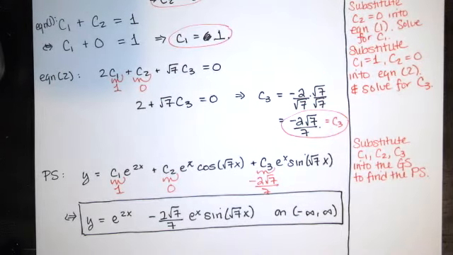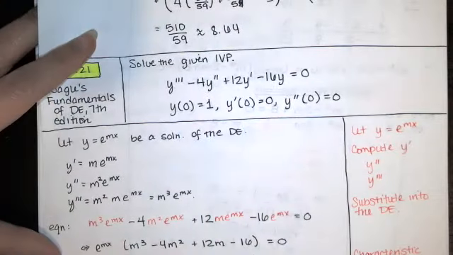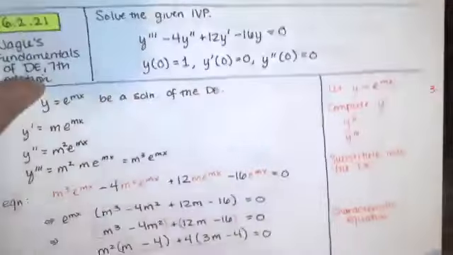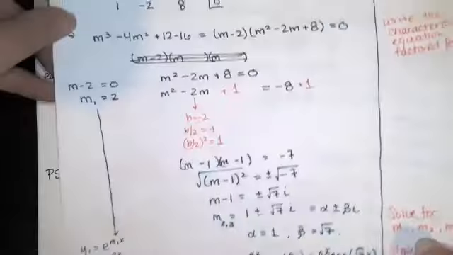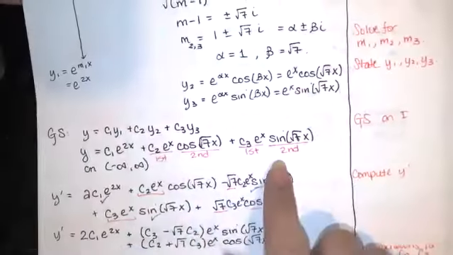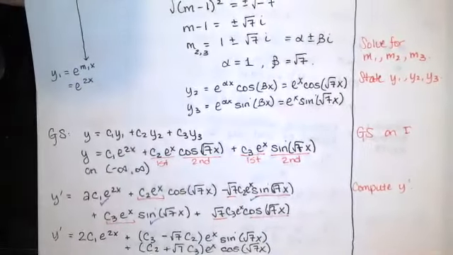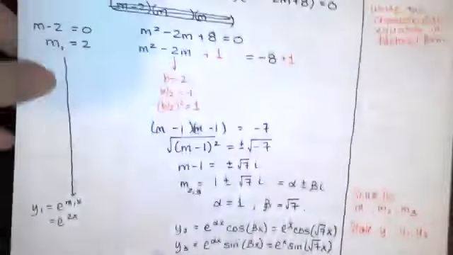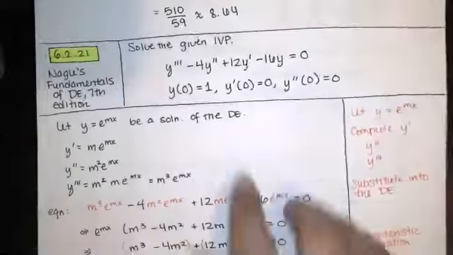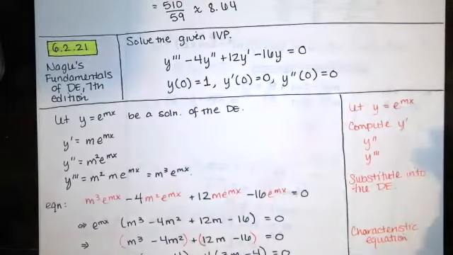Okay, so that is our example of solving an IVP. First, you find the general solution by letting y equal e to the mx. You substitute, you factor, use possible rational roots if necessary, and then you get your general solution, c1y1 plus c2y2 plus c3y3. And then in order to use the initial conditions, which were right here, to find c1, c2, and c3, we needed to compute y prime and y double prime.